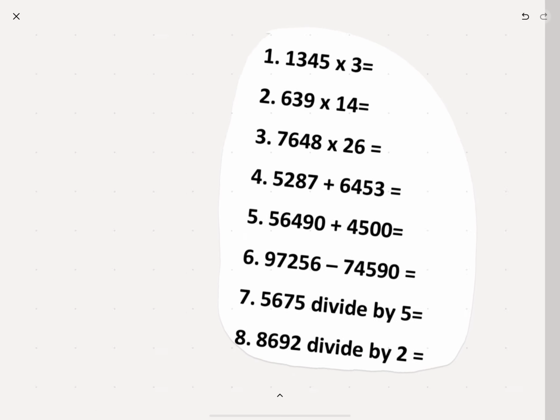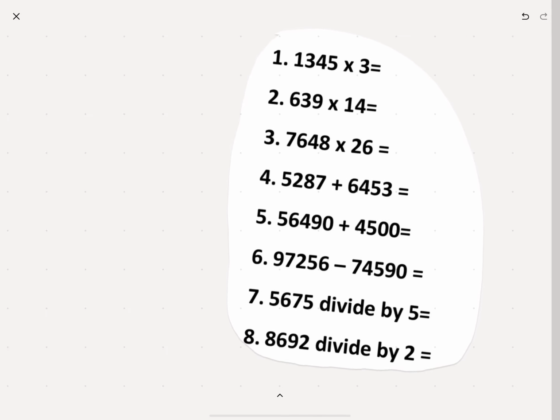Okay, good morning. Questions are there for you to have a look at. If you notice, they are all simple operations today. There's no words. So you'd get this on your arithmetic test, probably, more than your reasoning. I'm going to do them however I feel I want to. So some of them I will be using formal methods for, some of them I'll just be partitioning up and using known facts.